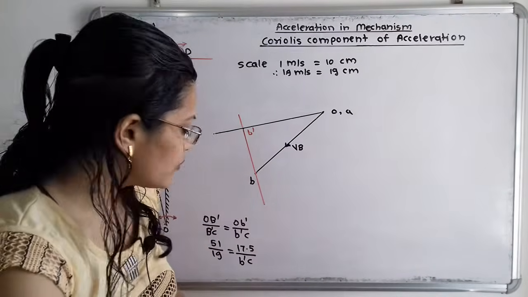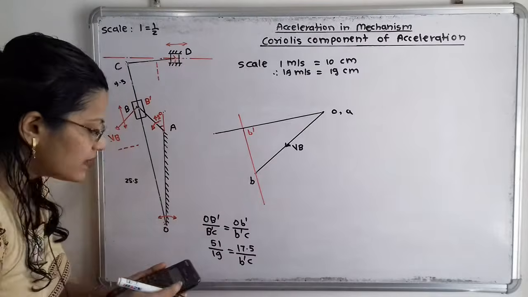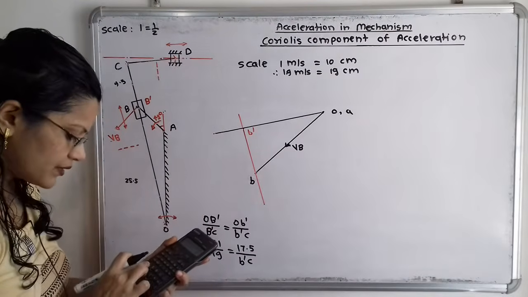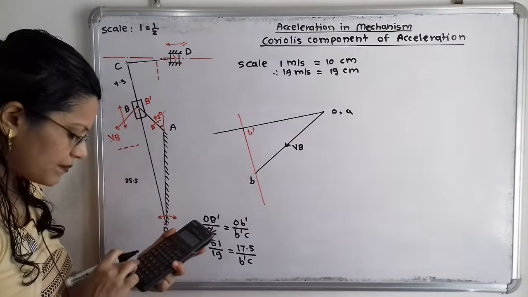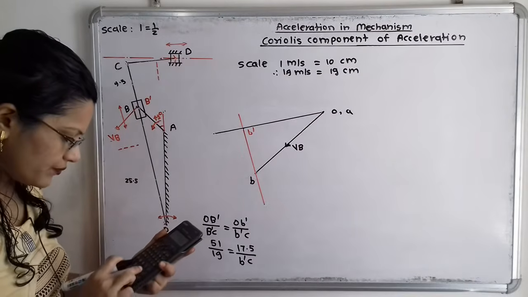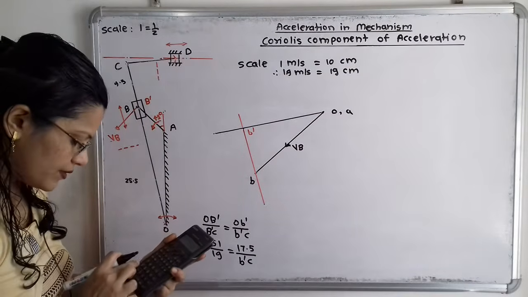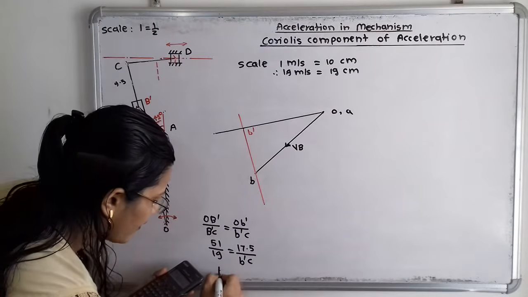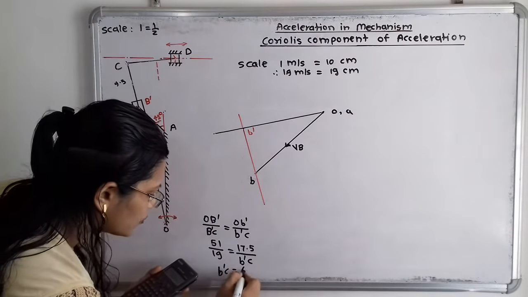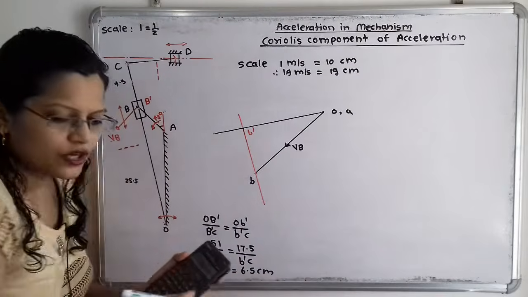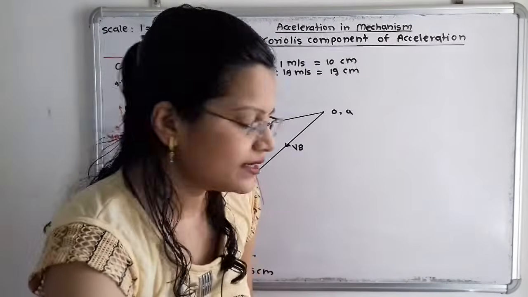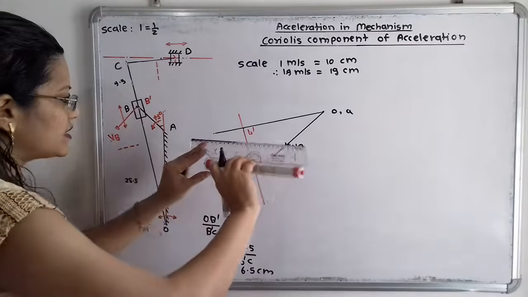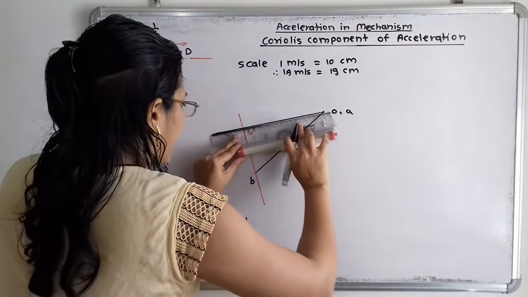We can find it easily: 17.5 multiplied by 19 divided by 51, which is equal to 6.5. So B dash C is equal to 6.5 centimeter. So we can easily plot this point, that is from B dash take a distance of 6.5.